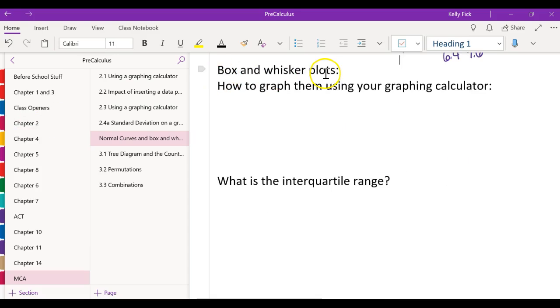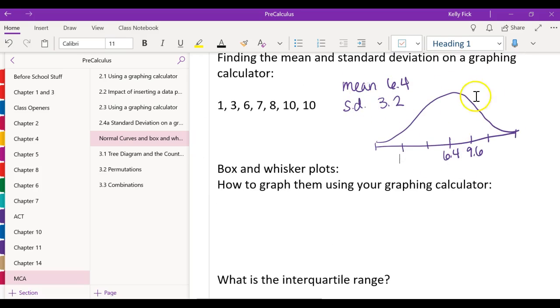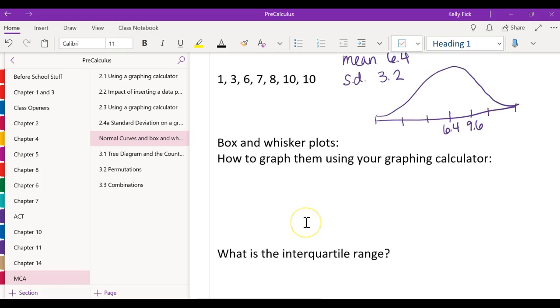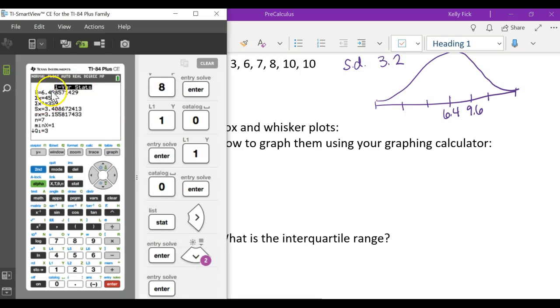Alright, the other thing we're going to talk about is box and whisker plots. Mean and standard deviation go with a normal curve. Box and whisker plots are similar in that they show a distribution, but they use the median. We're going to use this information up here, and you go to One Variable Stats again, that we just did.